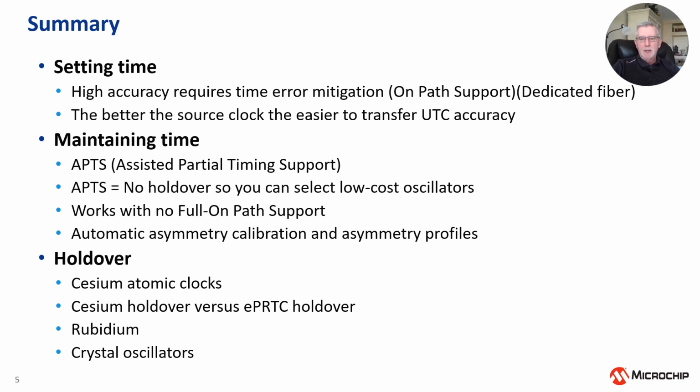So cesium atomic clocks with ePRTC algorithms mean super enhanced holdover where we can hold 100 nanoseconds for more than a month. So it's exponentially better than not just a cesium itself when we use ePRTC algorithms, but it's exponentially better than rubidium atomic clocks by a factor of maybe 100 times better.